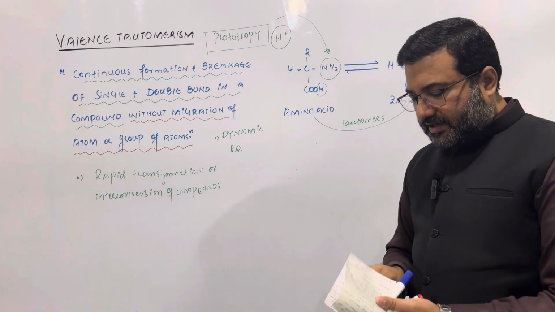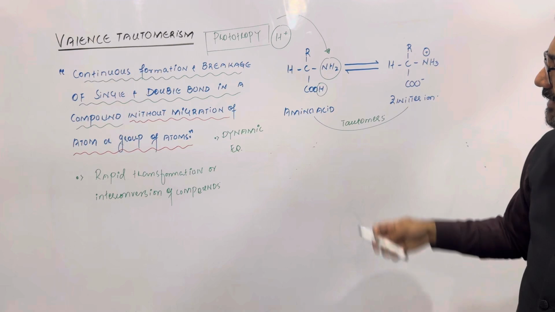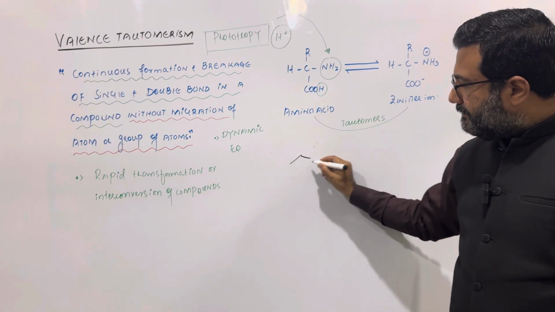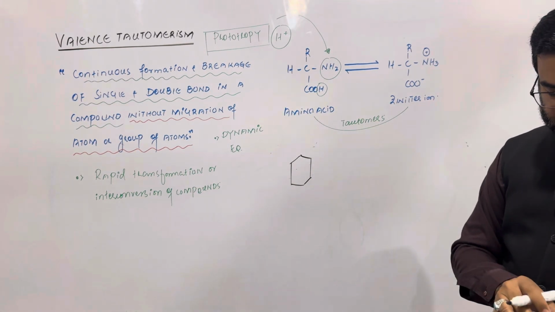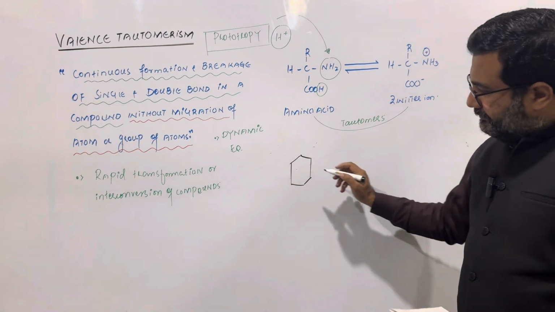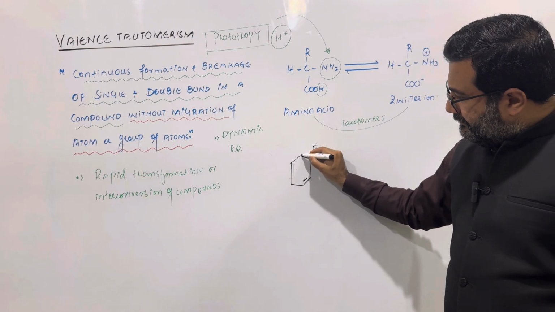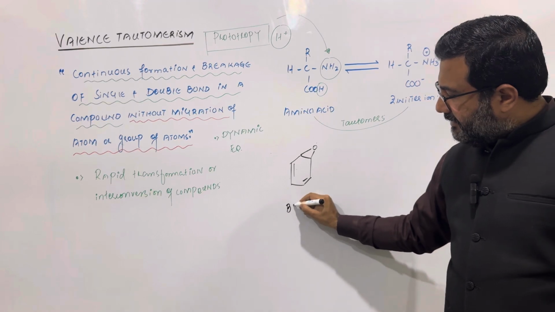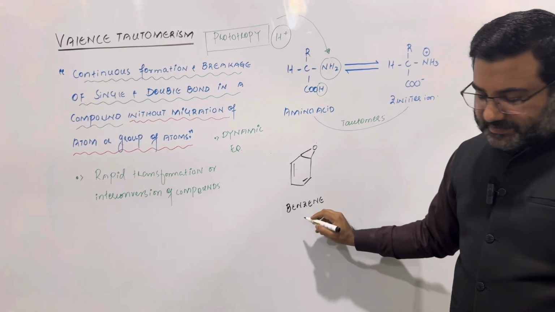Now I will give example of the valence tautomerism so that we can differentiate between these two. This one is benzene oxide.